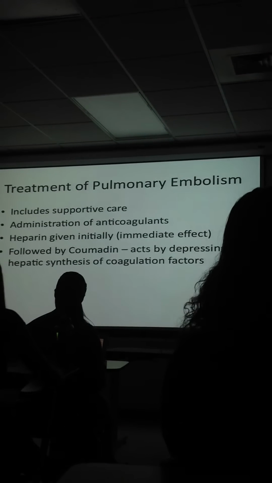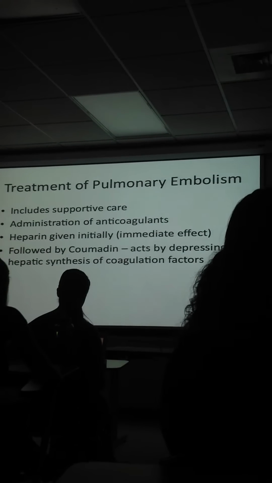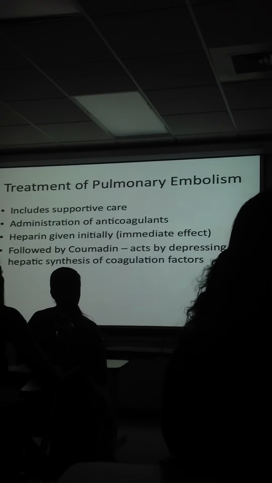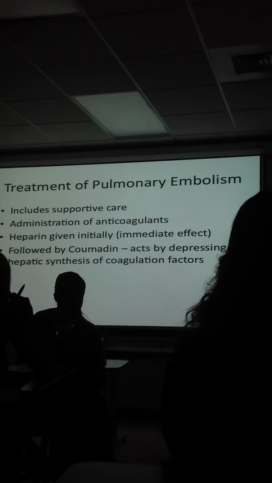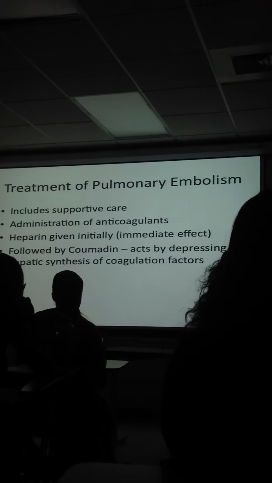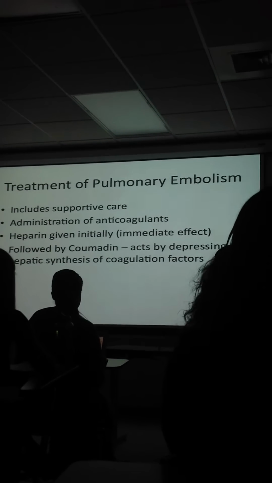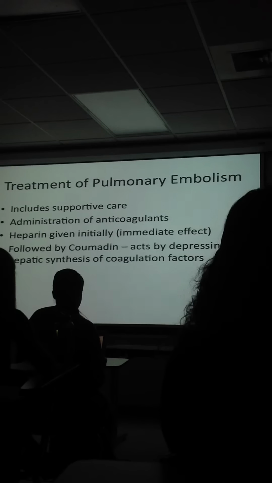Treatment. The whole thing here is to prevent what, guys? Blood clots, right? And if you already have one, then we're trying to prevent any more from forming. So the one we might want to go with is heparin, which is going to try and break down what is already there. We do that one almost immediately, and then we follow that with Coumadin. They have all kinds of generic names for these things.